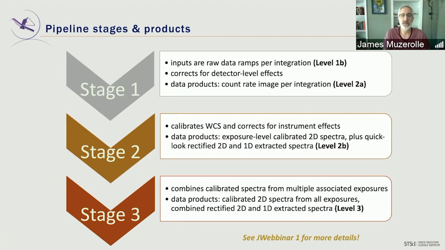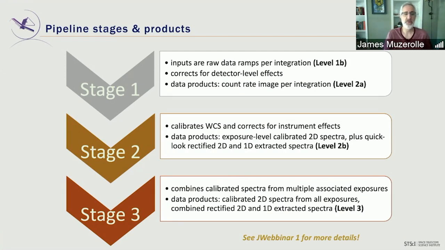That goes as input into stage 2, which for spectroscopic data will calibrate the world coordinate system, such as spatial and wavelength coordinates per pixel, and corrects for a variety of different instrument effects: throughput, flat field, etc. The main data product from that stage is an exposure-level calibrated 2D unrectified spectrum, as well as quick look products that are rectified 2D and 1D extracted spectra.